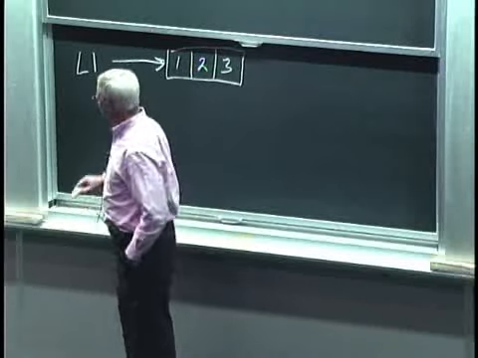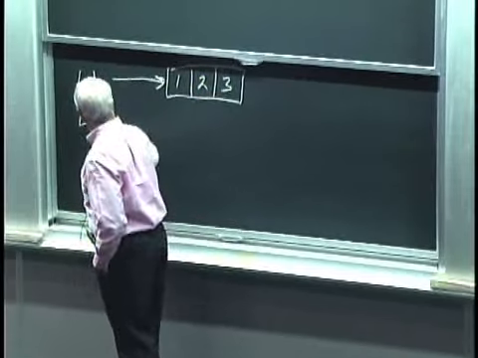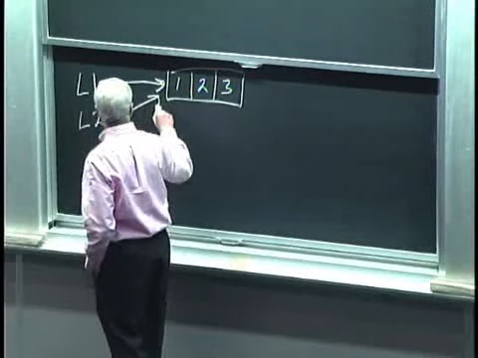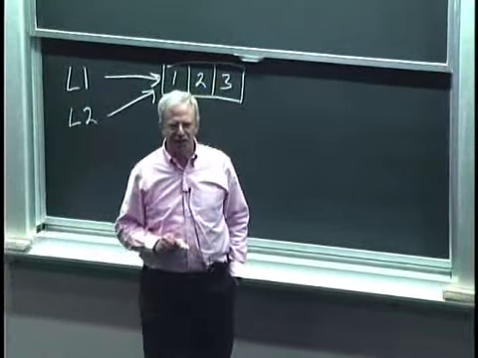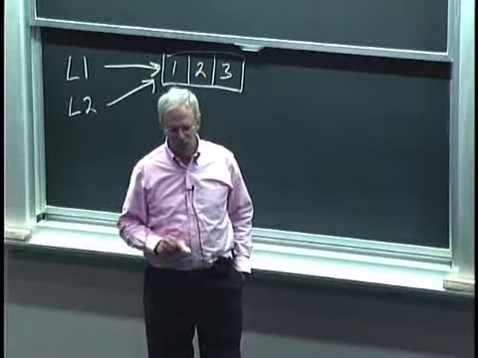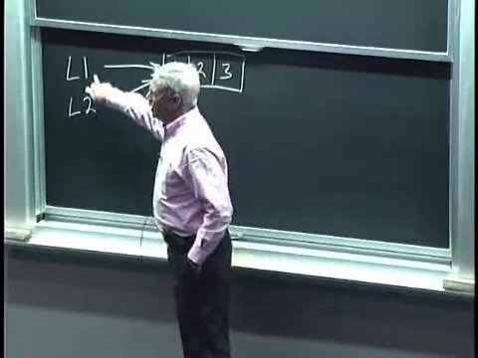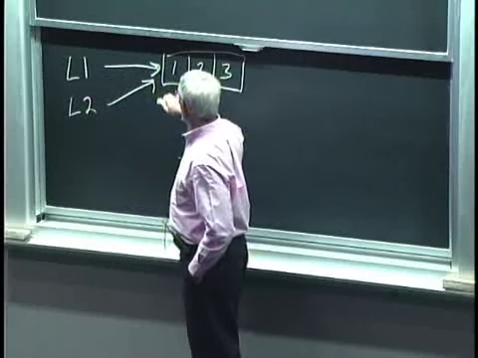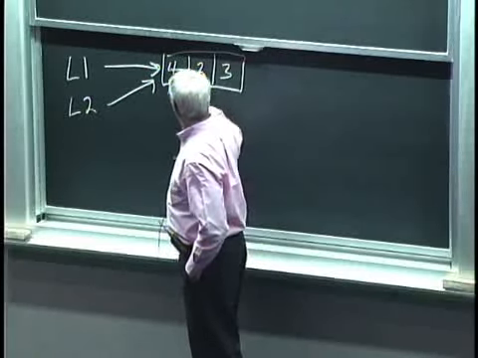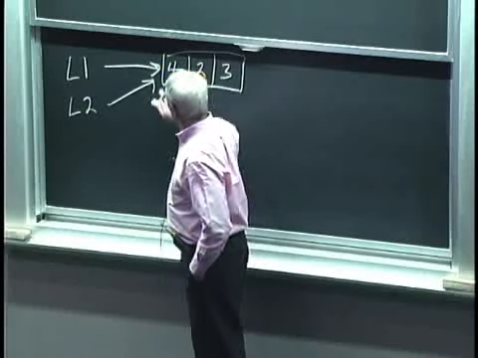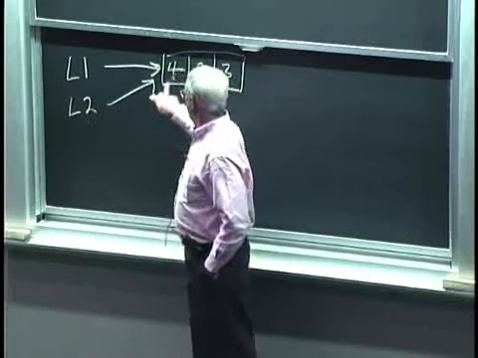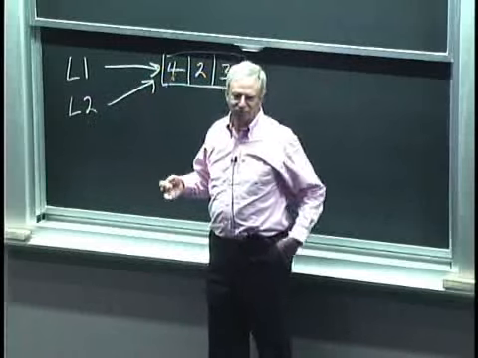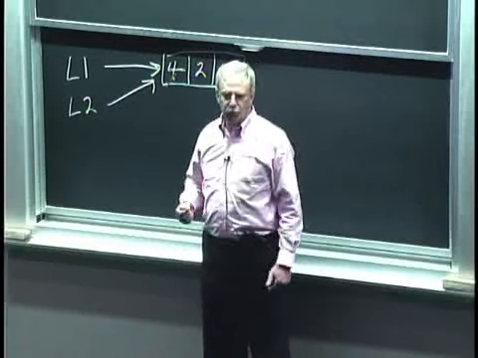And then the assignment, L2 gets L1, bound the name L2 to the same object. So when I mutated this object, which I reached through the name L1 to make that 4, since this name was bound to the same object, when I print it, I got 4, 2, 3.